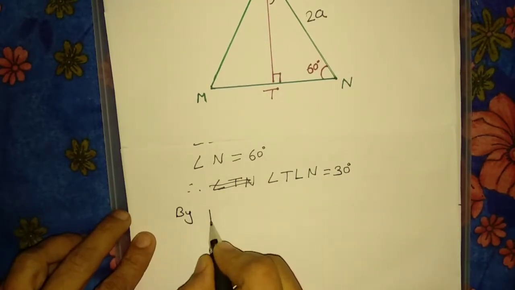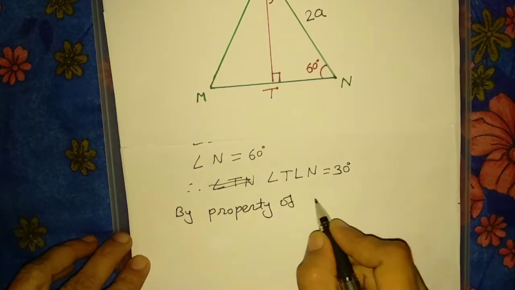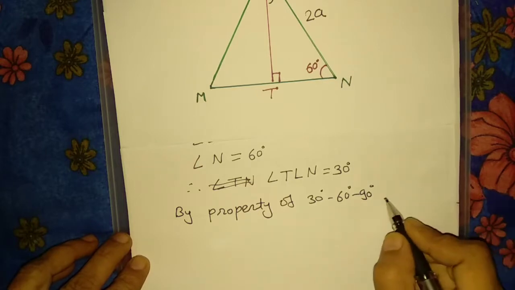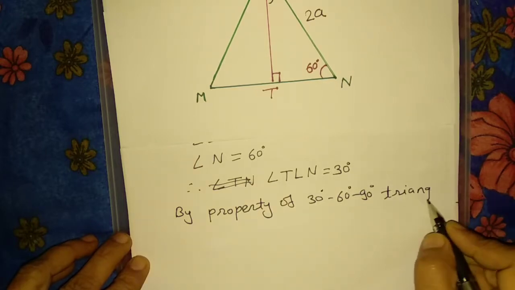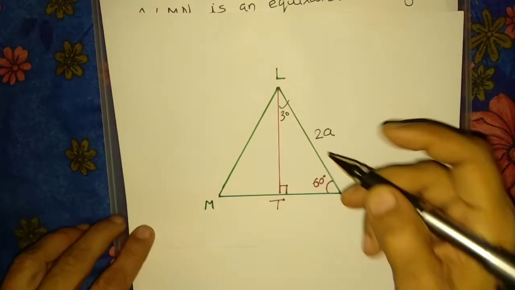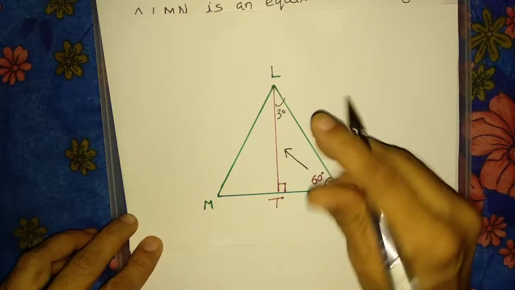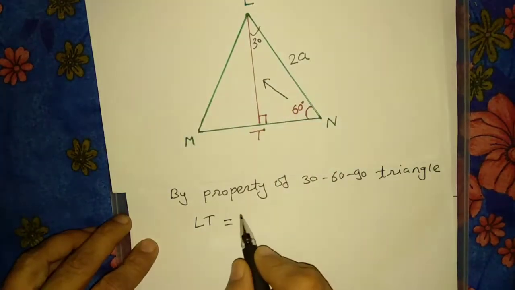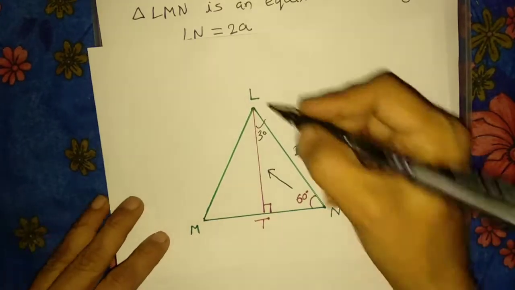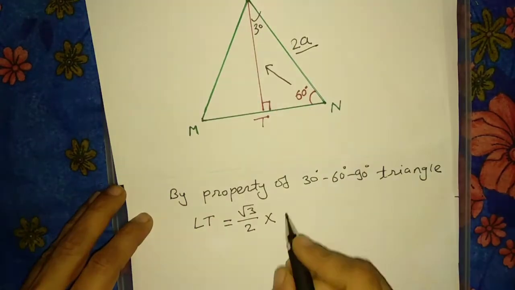By property of 30 degree, 60 degree, 90 degree triangle, LT, which is side opposite to 60 degree, is equal to root 3 by 2 into hypotenuse LN, which is 2A.